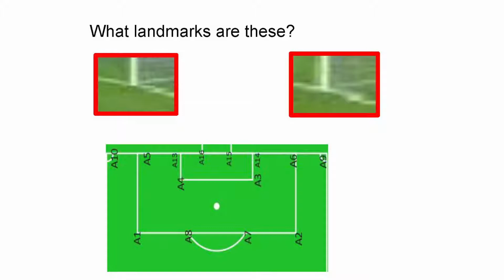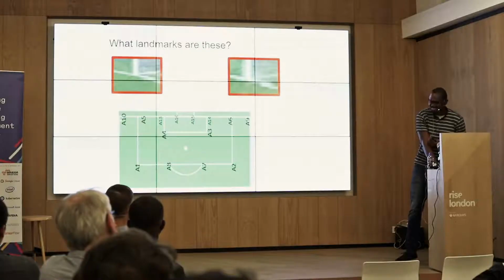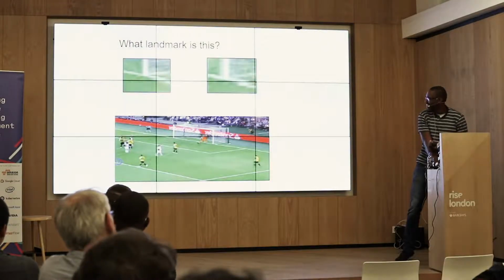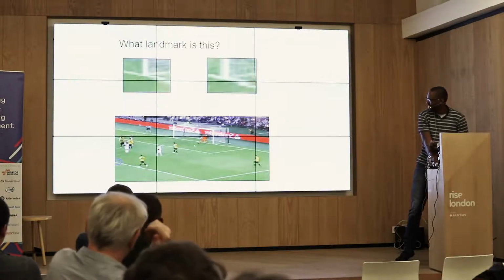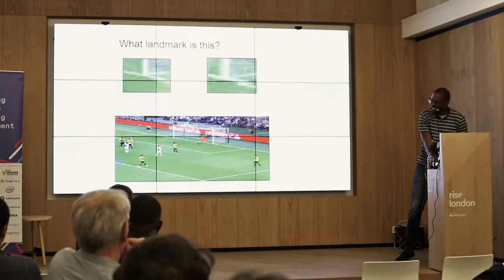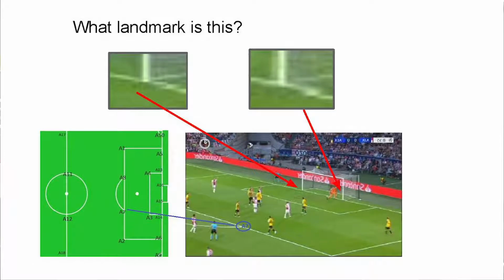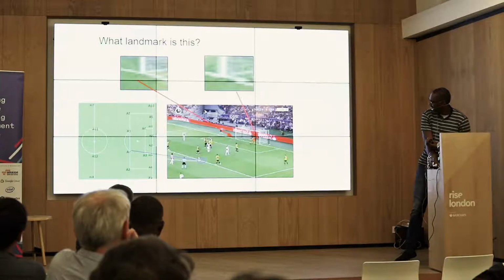A16, A15 or A15, A16? Yeah, it's not possible. Actually, you can see it here, that's the goalpost there. Which one? You can't tell. It's actually A15, A16. So that's the issue.